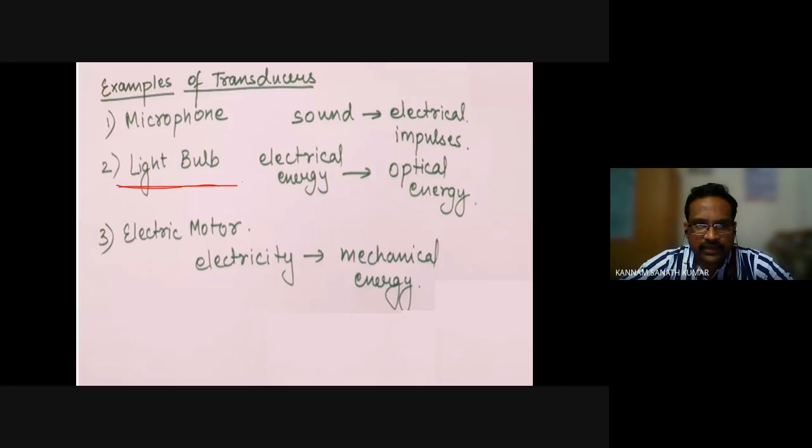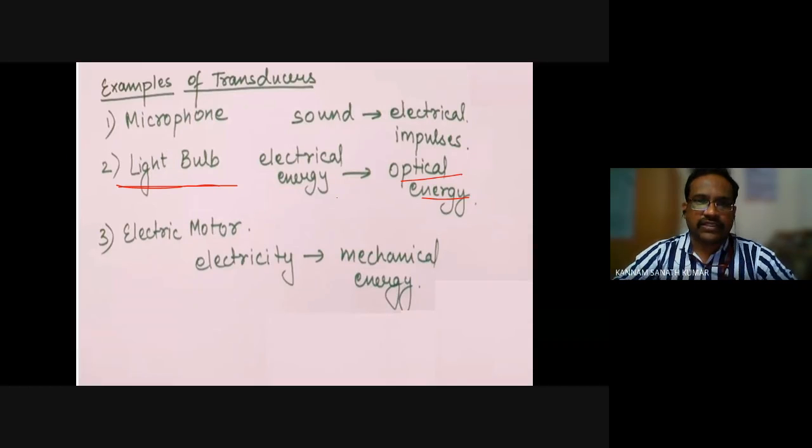The input for the electrical bulb is electrical energy, which is converted into optical energy, so it gives light. Electrical is one type of energy and optical light is another form, so it is converting one form of energy to another.